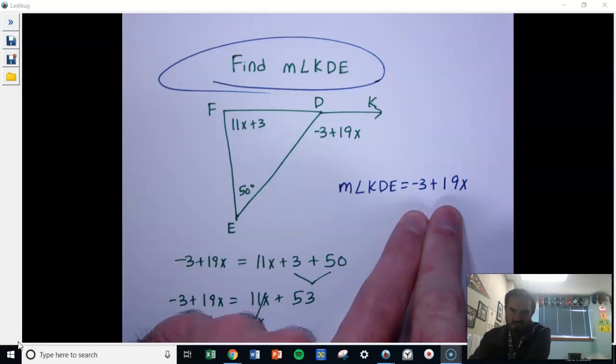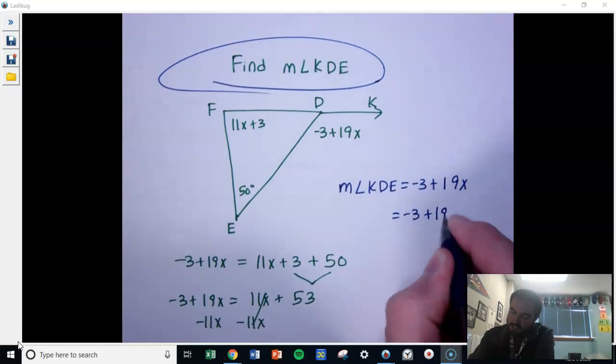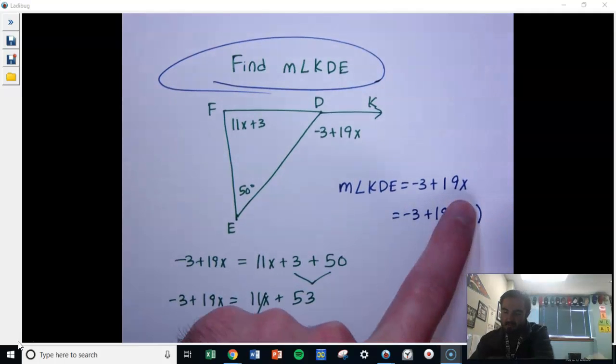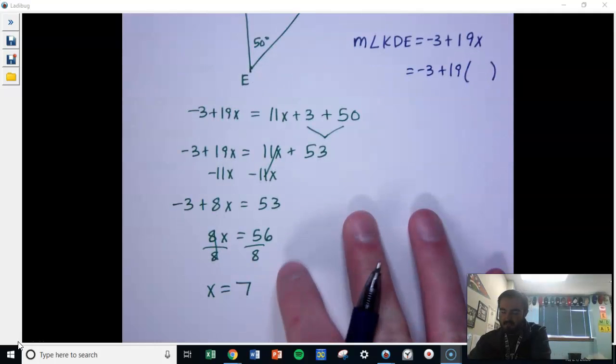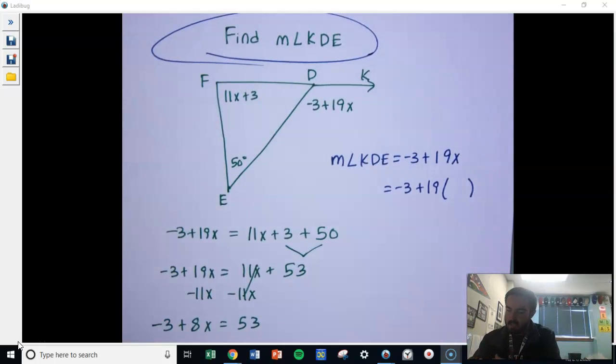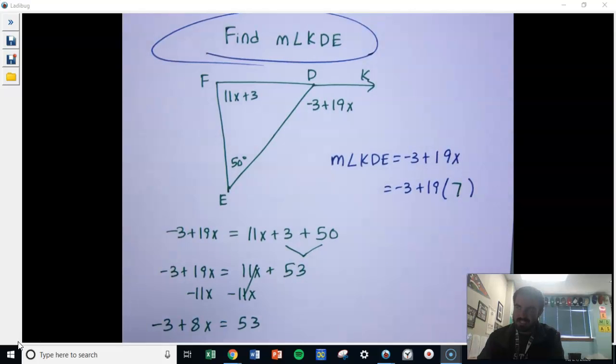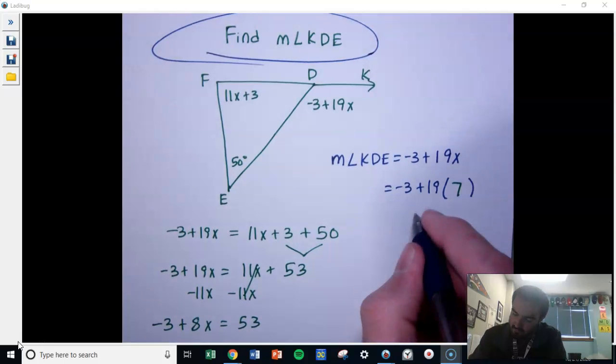Well, we can't put that in as our answer. That's silly. But we do know what x is. X is 7. Okay, let's plug that in. X would be 7. So, what's 19 times 7? Well, that's 133.